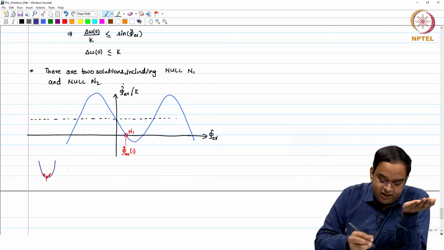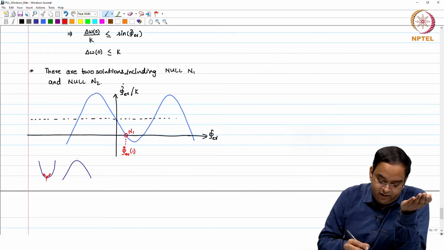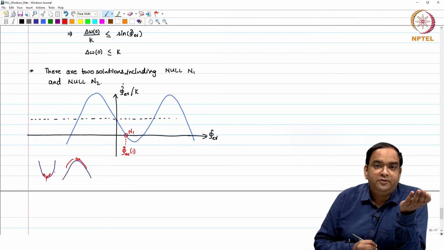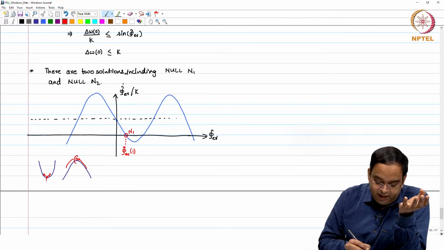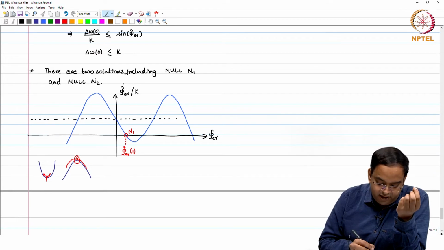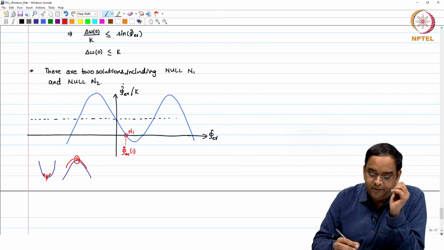Similarly, if you have a hill and you keep a ball here and you make a small disturbance in the system, it will either roll this way or roll the other way. So, the ball here is not in equilibrium, it is not stable, whereas a ball here in this case is stable. A similar analogy will apply here.